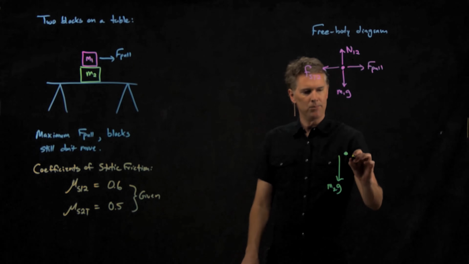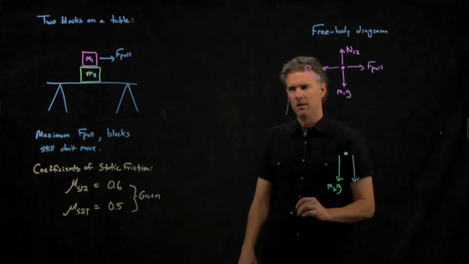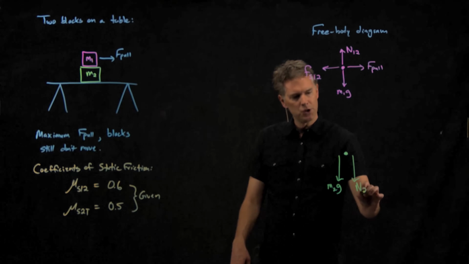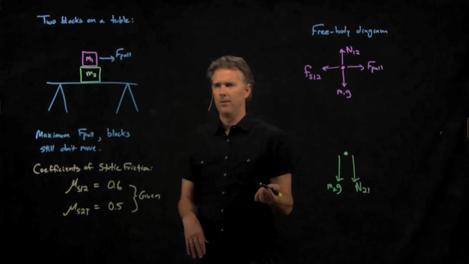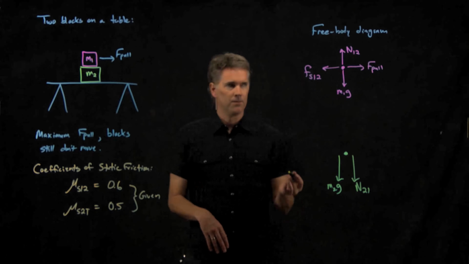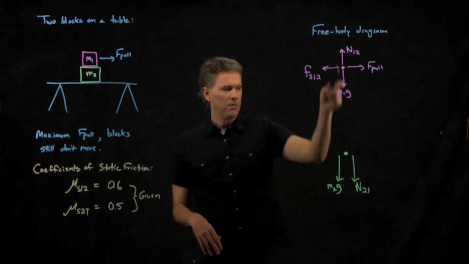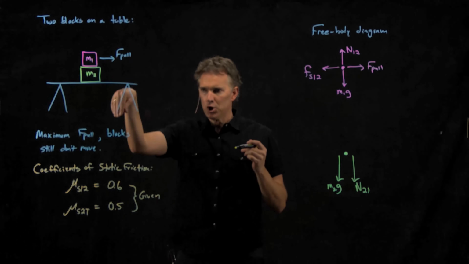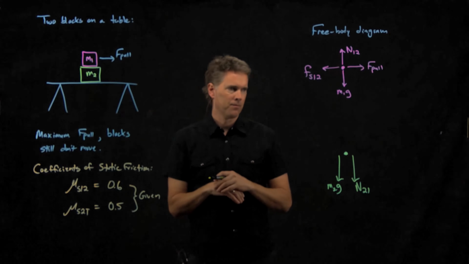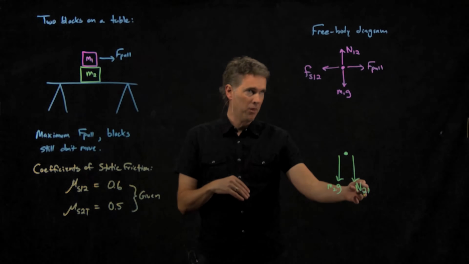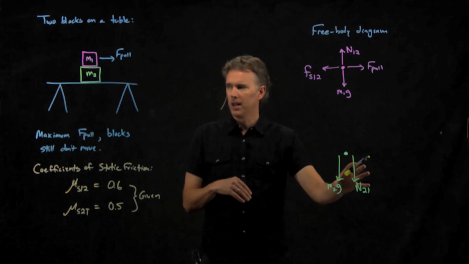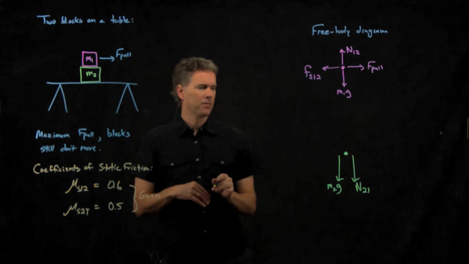Okay. Not mg yet, but normal force of 2 onto 1. N12 was up, N21 is down. This is block 1 pushing on block 2. It might be that we see that that is in fact equal to M1 times g, but let's keep it like this for now to keep it general.